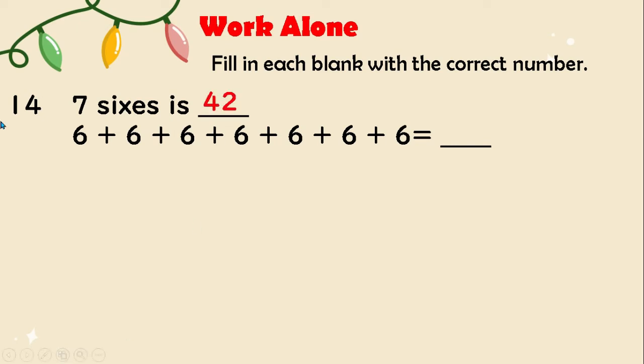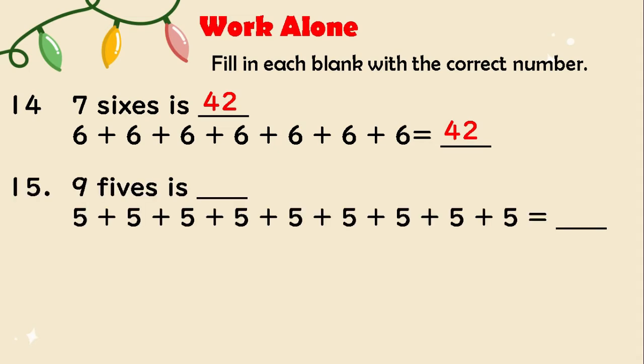And for the addition sentence, we're going to add 6 by itself 7 times. That's equivalent to 42. And for number 15, 9 fives is blank. The answer is 45. And we're going to add 5 by itself 9 times.